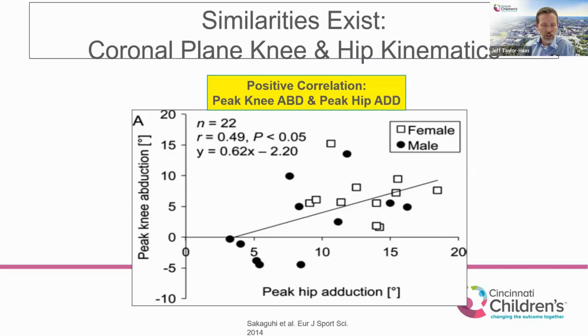Here we're looking at the relationship between peak hip adduction on the x-axis and peak knee abduction on the y-axis, and what we can appreciate is a rather linear relationship. As peak hip adduction increases, so too does peak knee abduction. This is a similar correlation between men and women.